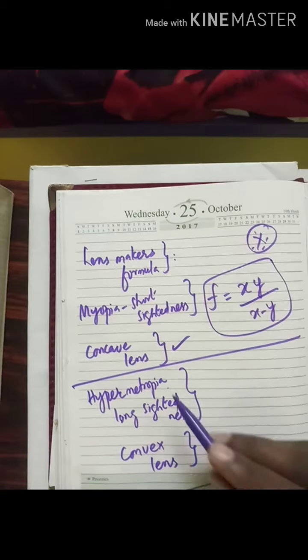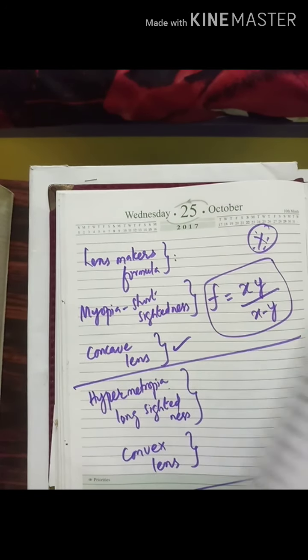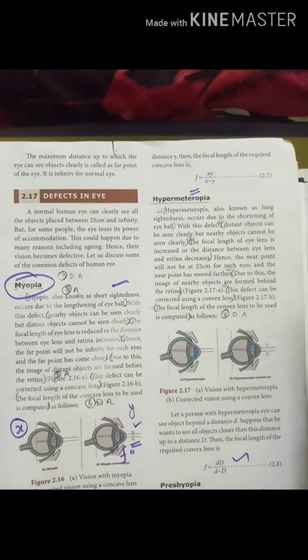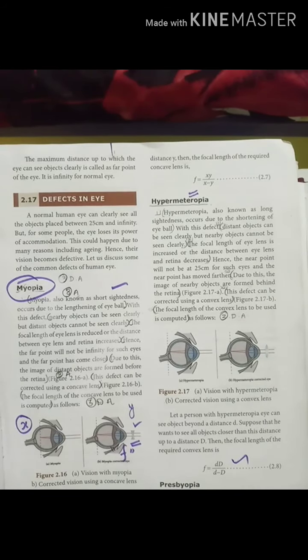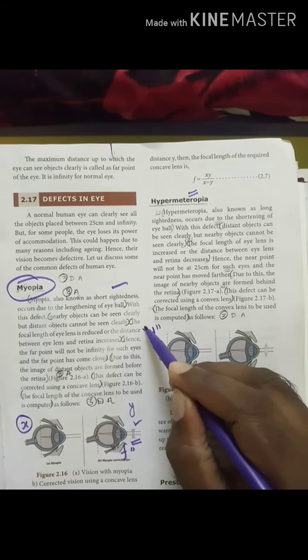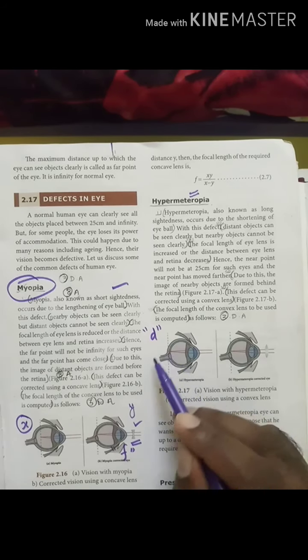What about hypermetropia, that is, long-sightedness? See here, they can easily see distant objects properly, but they can't see nearby objects because the image is forming at a distance d. Let us consider here it is beyond the retina.